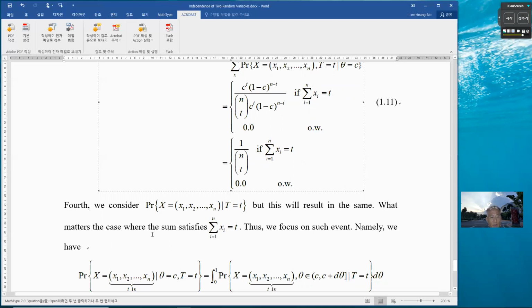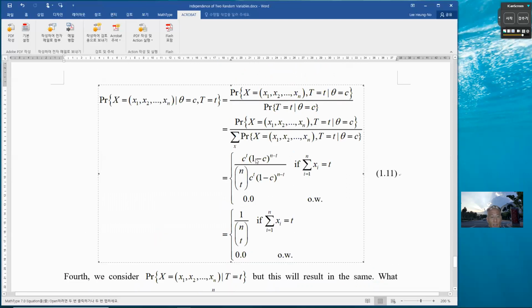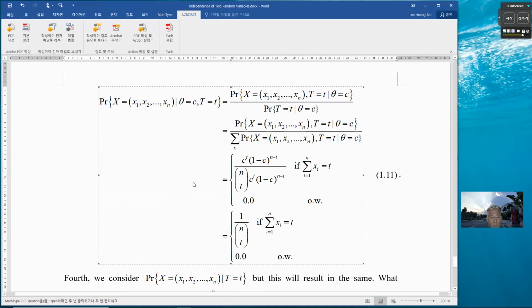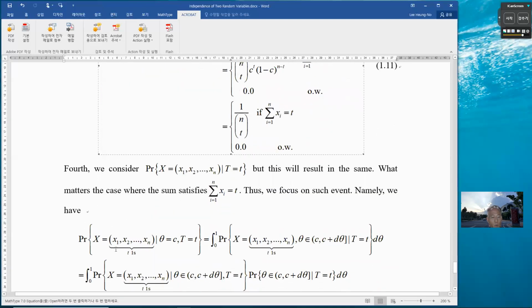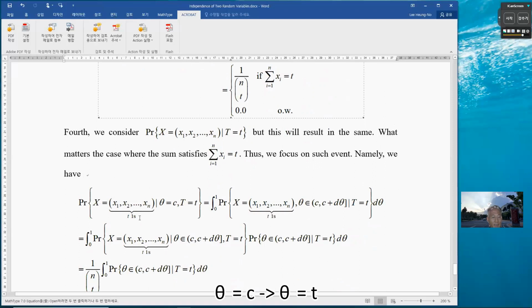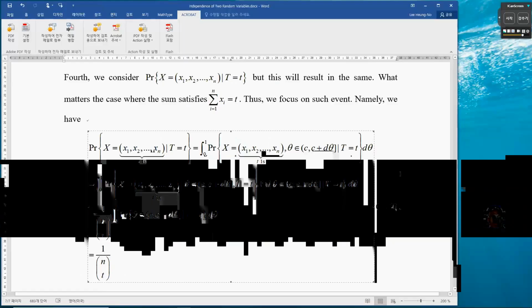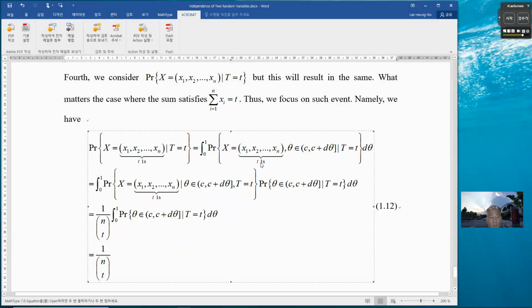What matters is the case where the sum satisfies this condition, as we have seen here. If the sum is not equal to t, the term is equal to 0, so we only consider those cases to simplify the matter. So here is the probability that x is equal to a vector whose number of ones is equal to t. By the total probability theorem, we have this. Nothing changed: I have the joint probability, taking theta into consideration, and the given condition stays the same.